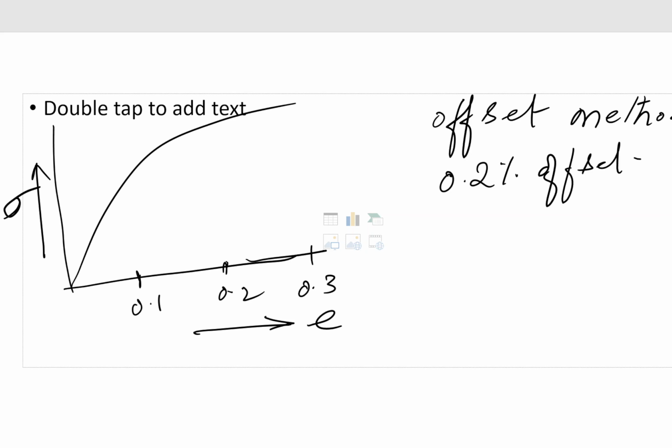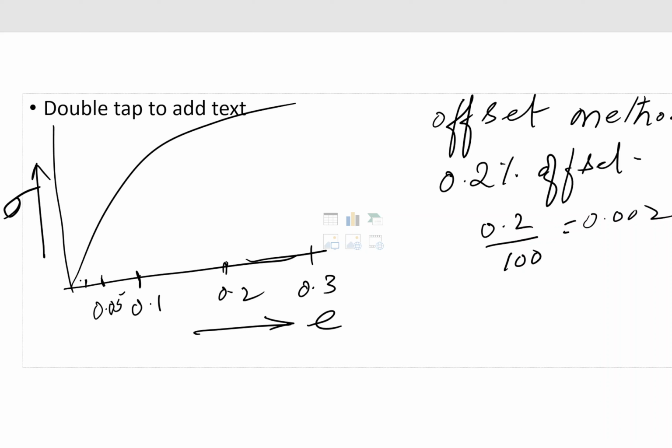This is 0.2 divided by 100, is it not? 0.2 divided by 100 will give you how much? 0.002, isn't it? So now I will say this is 0.1. This will be how much? 0.05, correct?